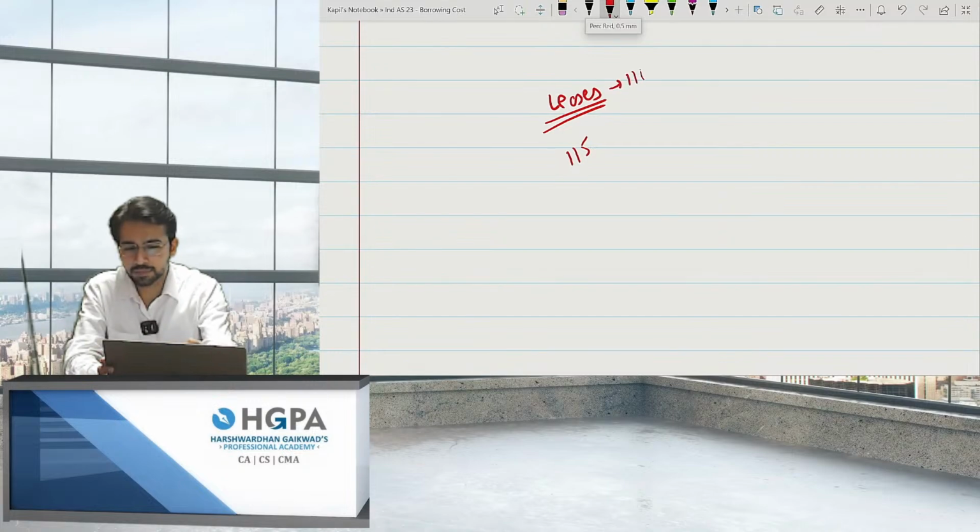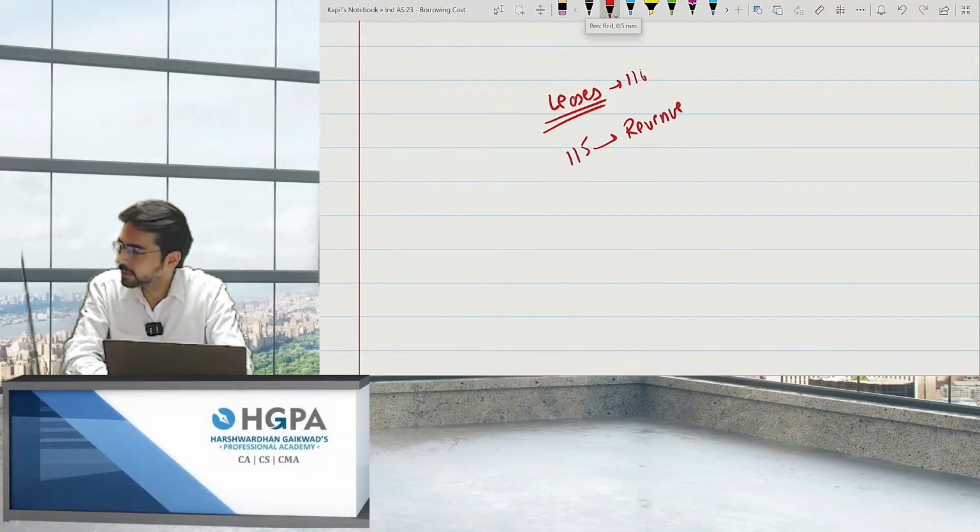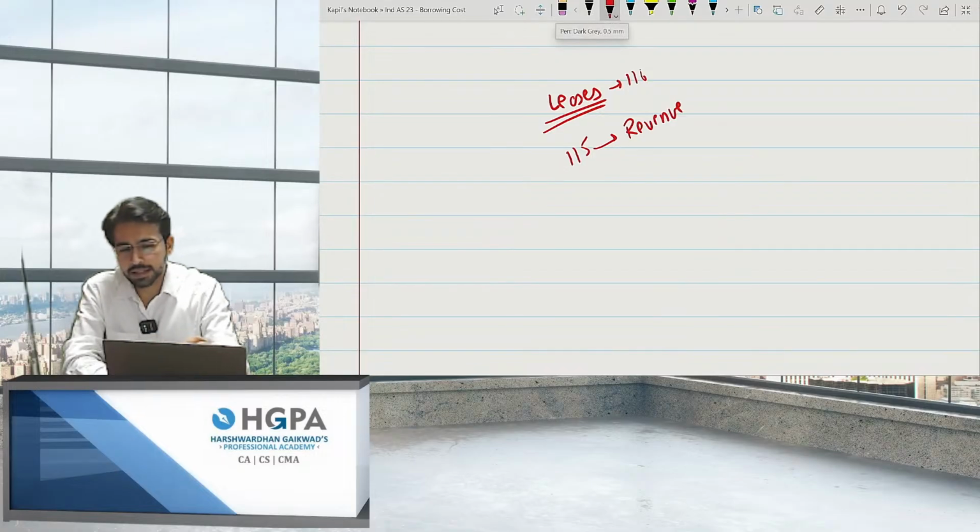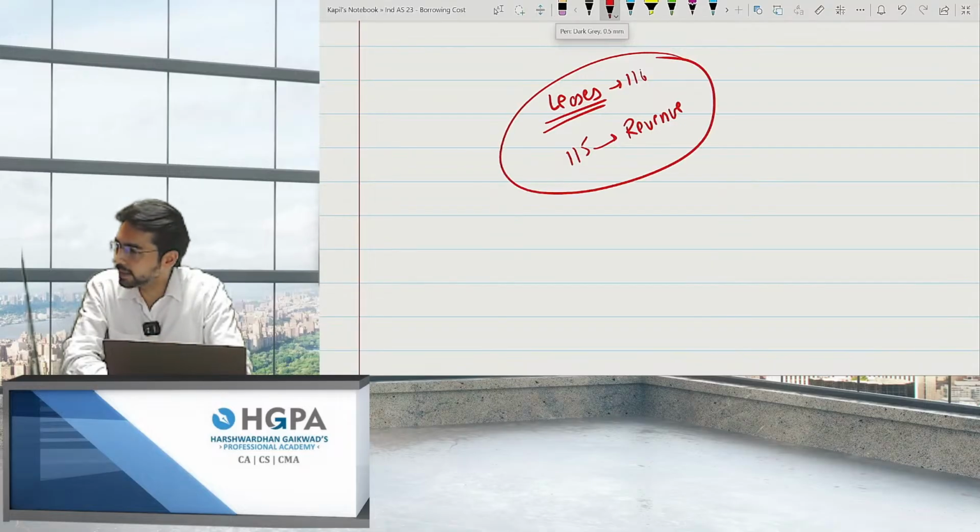Leases is 116. 115 is revenue recognition. Okay, so yes, I'll be taking these IND AS with you. 113 fair value measurement is very easy. Okay, I'll try to cover that also.